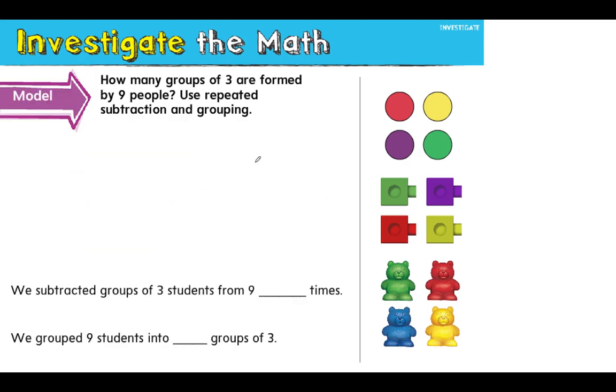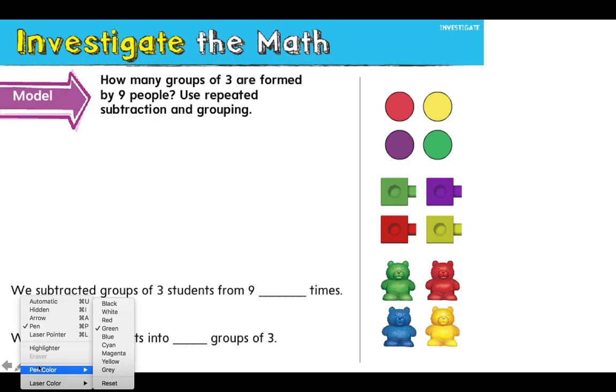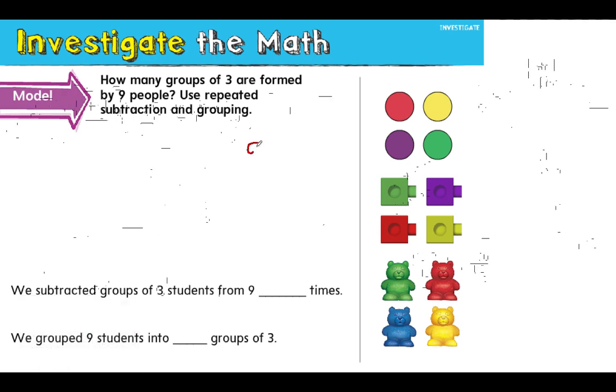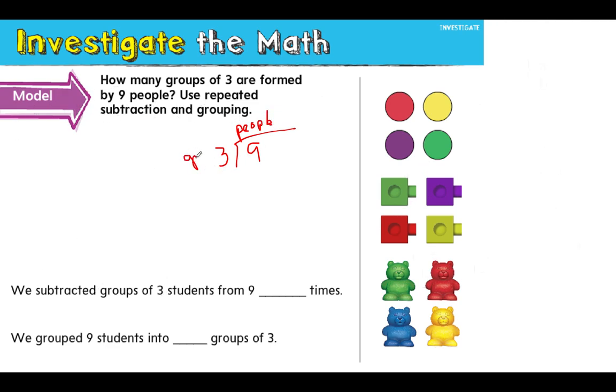So like here, you're going to have to think about it, right? Like here, we end up with 9 divided by 3. But the 9 is 9 people, right? And the 3 is groups of 3.